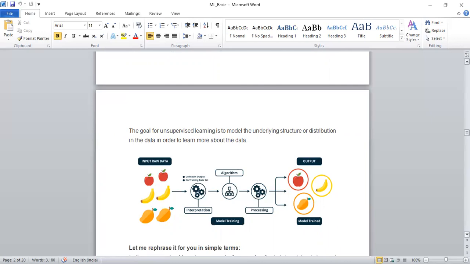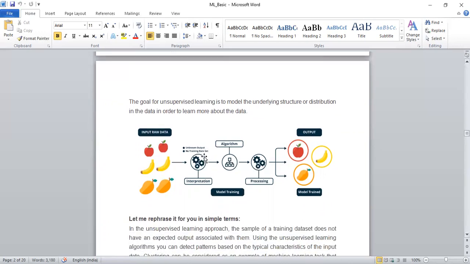Look, unknown output, no training data set. So the algorithm just trains with the input raw data, processes it, and just categorizes based on some characteristics. It will not give any specific output.